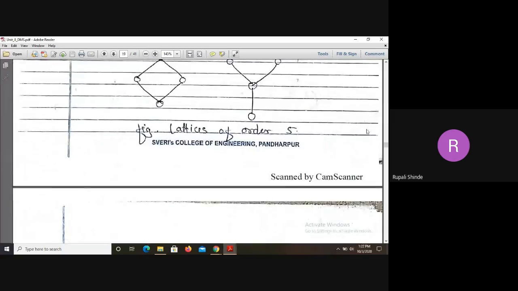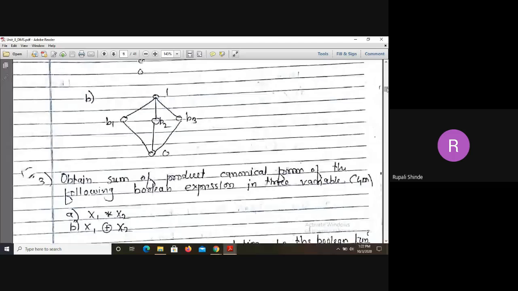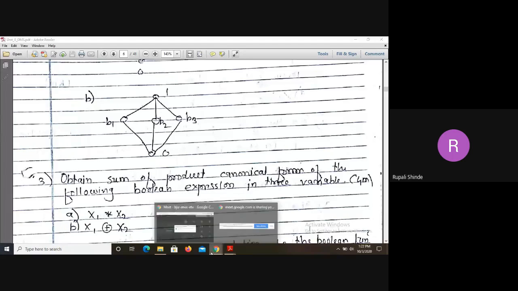So last lecture we have seen what is lattice and what are the different properties of lattices.